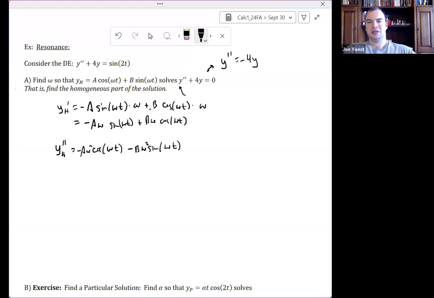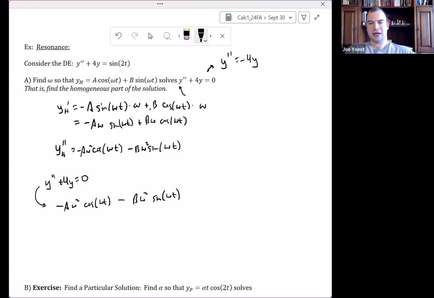So what do I see? I see that I want y double prime plus 4y equals 0. So I want negative a omega squared cos omega t minus b omega squared sine omega t. That's y double prime.